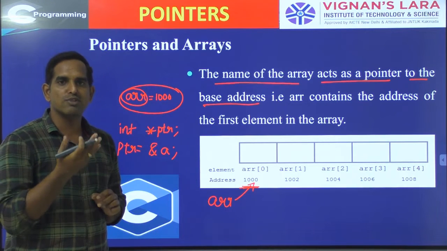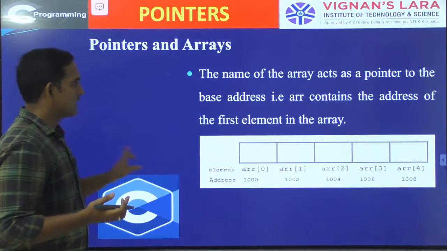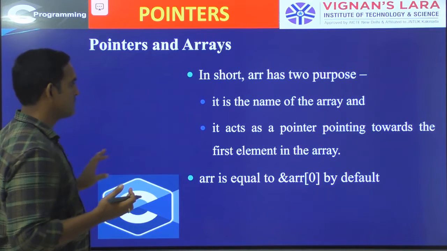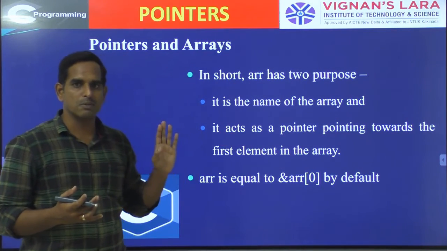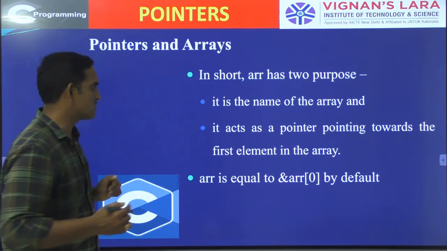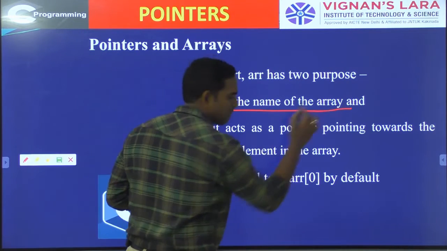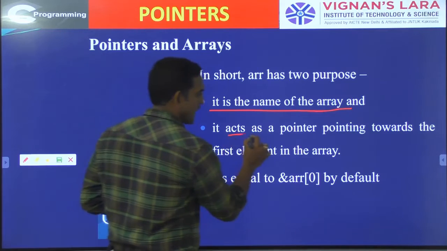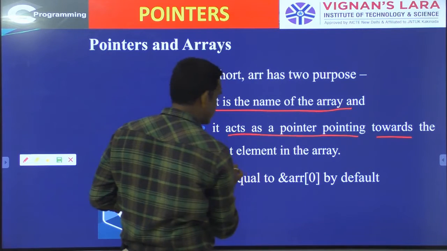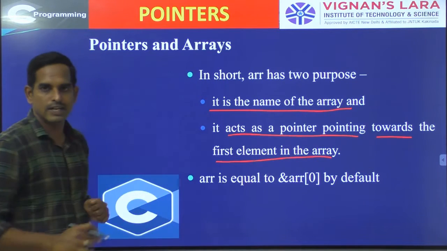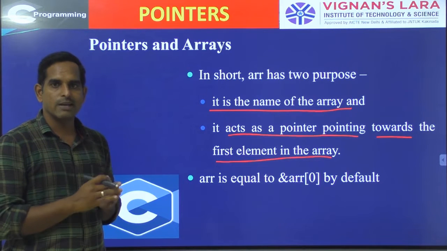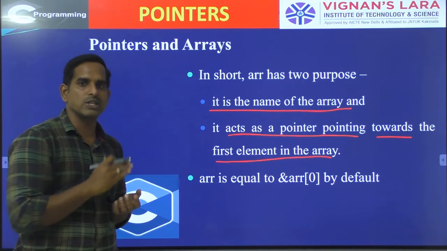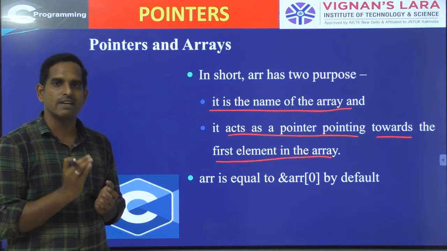So the name of the array serves two purposes. The first is that it acts as the name of the array. The second is that it acts as a pointer pointing towards the first element in the array. Your name of the array will act as a pointer to the first element in every array.